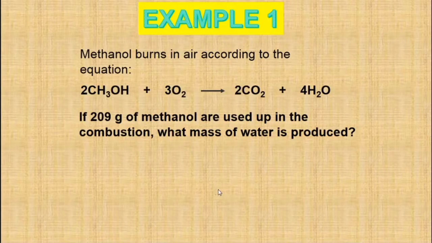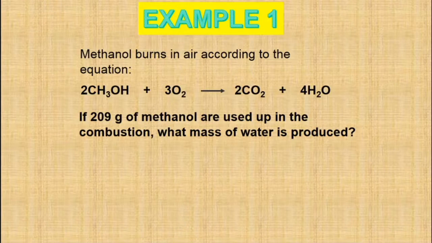Right, so now let's start with the first example, example 1. Okay, so what do we have here? We have methanol. Okay, methanol, which is an alcohol, burns in air according to the given equation. So we have 2 moles of methanol reacts with 3 moles of oxygen to produce 2 moles of carbon dioxide and 4 moles of water.